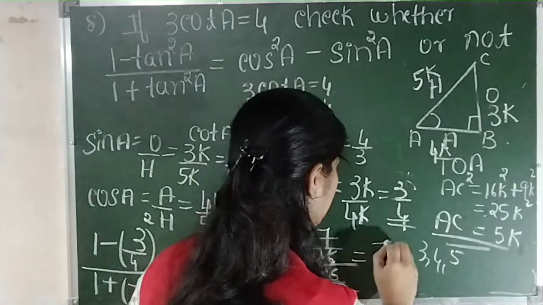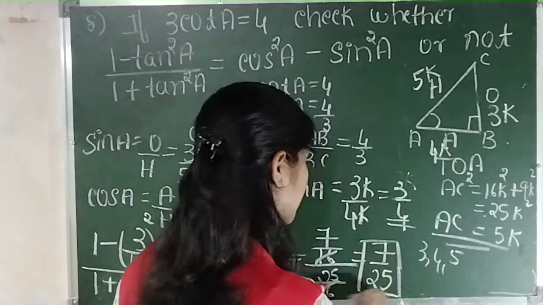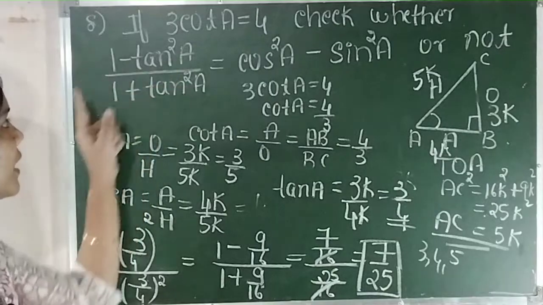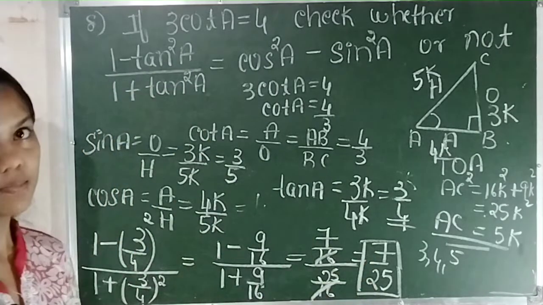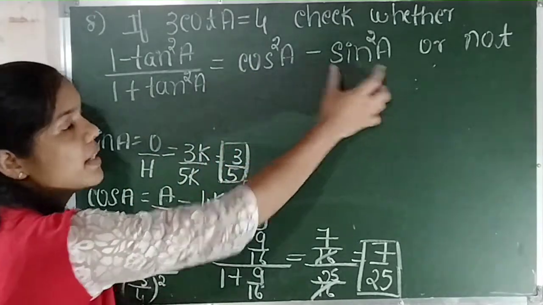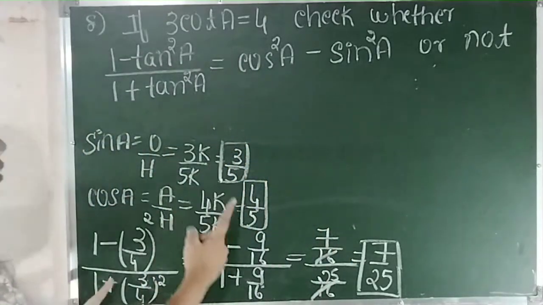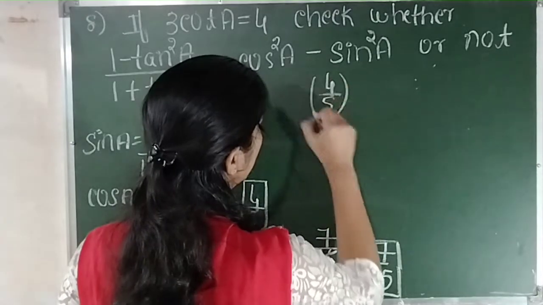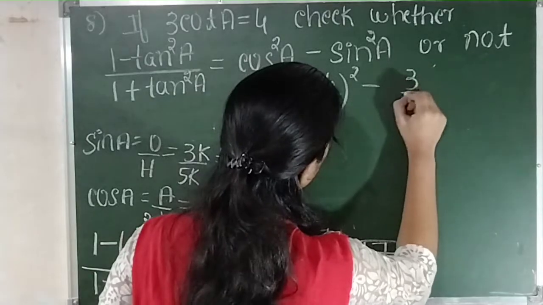So this is equal to 7 by 25. The value of 1 minus tan square A divided by 1 plus tan square A is equal to 7 by 25. Now find the value of cos square A minus sin square A. Cos square A is nothing but 4 by 5 whole square minus sin square, which is 3 by 5 whole square.